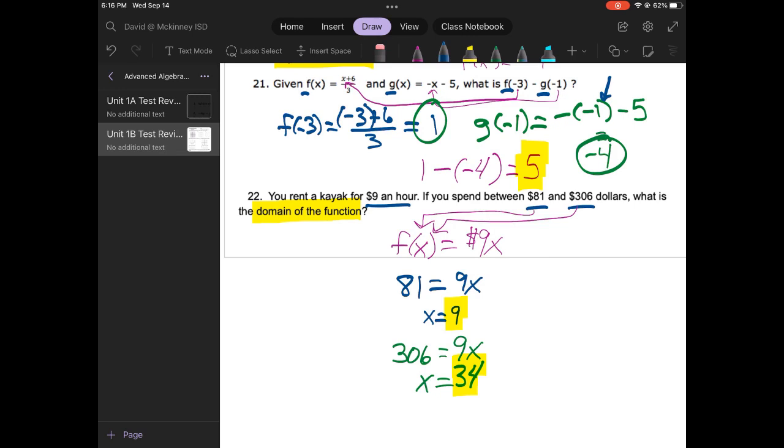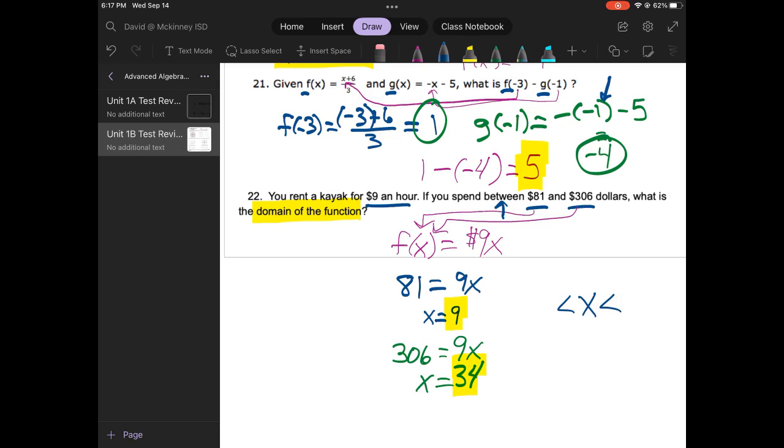Knowing this information, let's go ahead and set up set notation. I have my x with my less than signs bracketing either side of it. In this case, it can seem a little vague as to whether or not you are supposed to include $81 and $306. For the sake of this problem, I decided that those values themselves were acceptable answers, so I am going to put equal to signs underneath the inequalities.